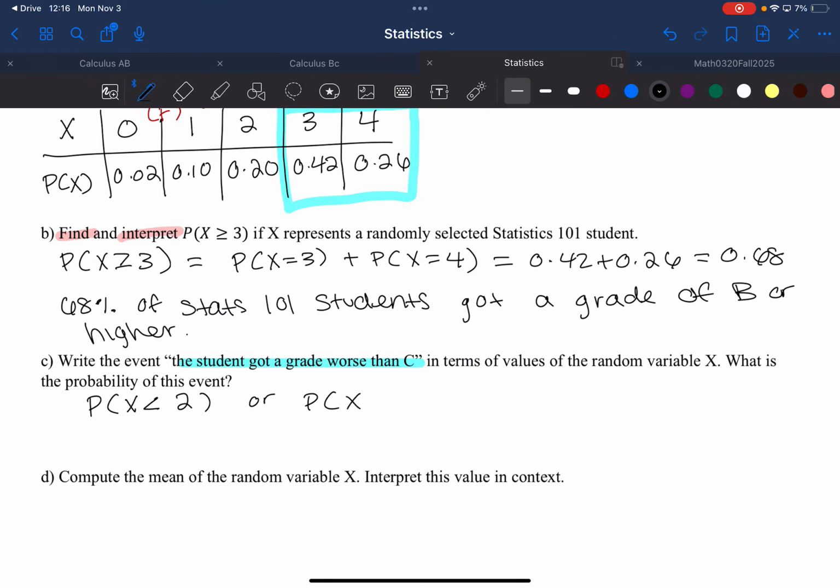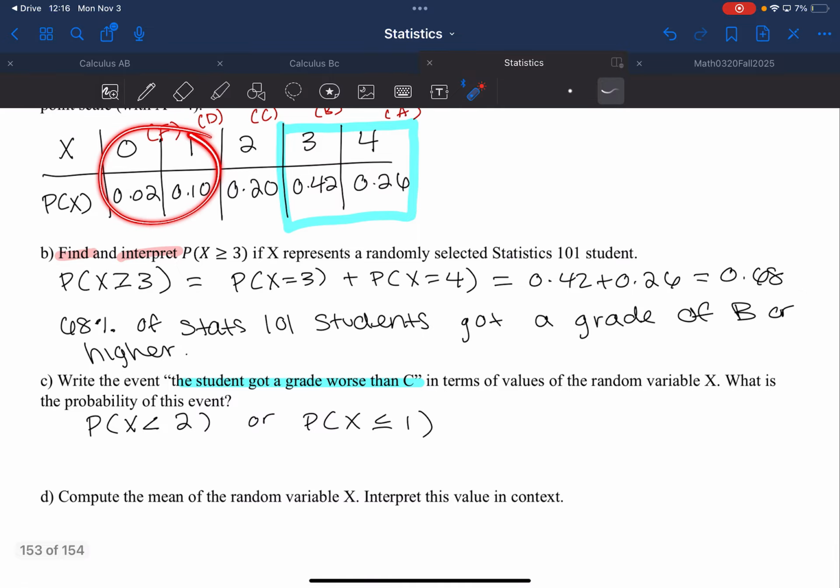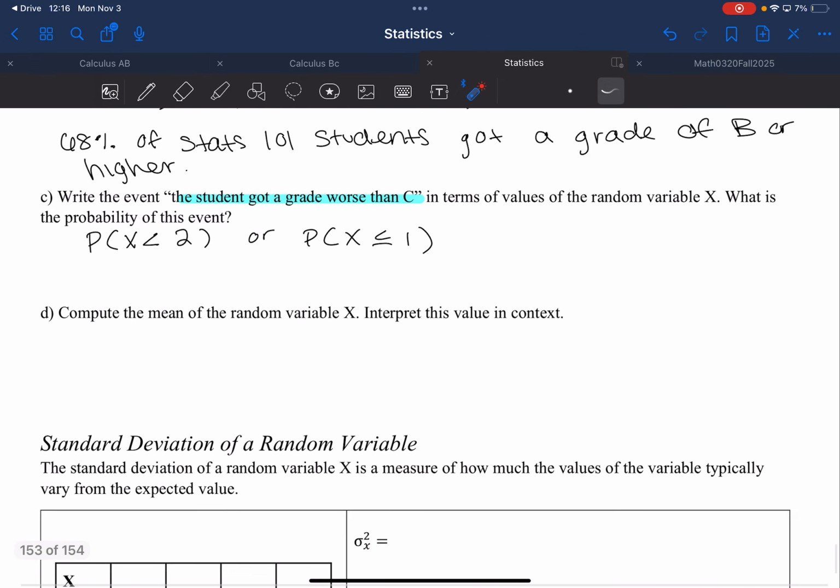There's another way we could write that. There's two ways to represent this: probability that X less than or equal to 1. Those are the same thing. If we're less than or equal to 1, then we're 1 and 0, right? If we're less than 2, we're still 1 and 0. So these are two ways, which means if you write either of them, you get the point. Let's say I just use this one, probability of X less than 2.